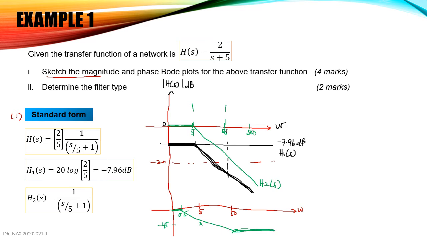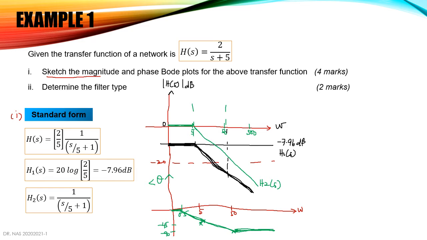Okay, it's negative 45 degrees at 5 and negative 90 at the next decade. Okay, so this is your phase plot.